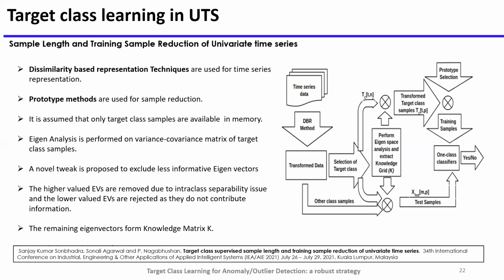And apart from that, a lot of prototype techniques have been proposed to select the most promising samples from the given sample space for multi-class classification. But it has been shown in this work that those prototype methods can be used in target class learning. And it is assumed that only target class samples are available during the training.